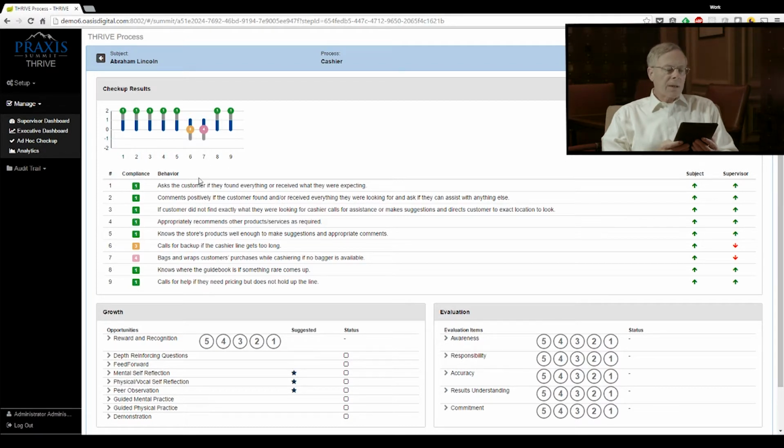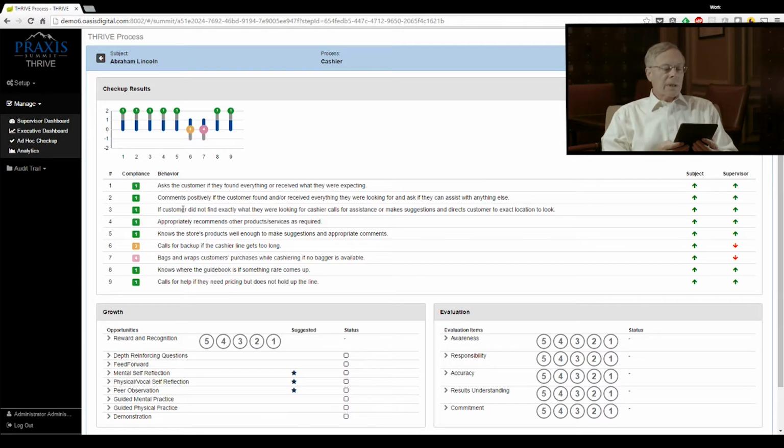Also on this chart is a little dot that's color-coded anywhere from a dark green to a red. It's a sequence of 5. And that shows the behaviors that need the most intervention in terms of the learning opportunities.